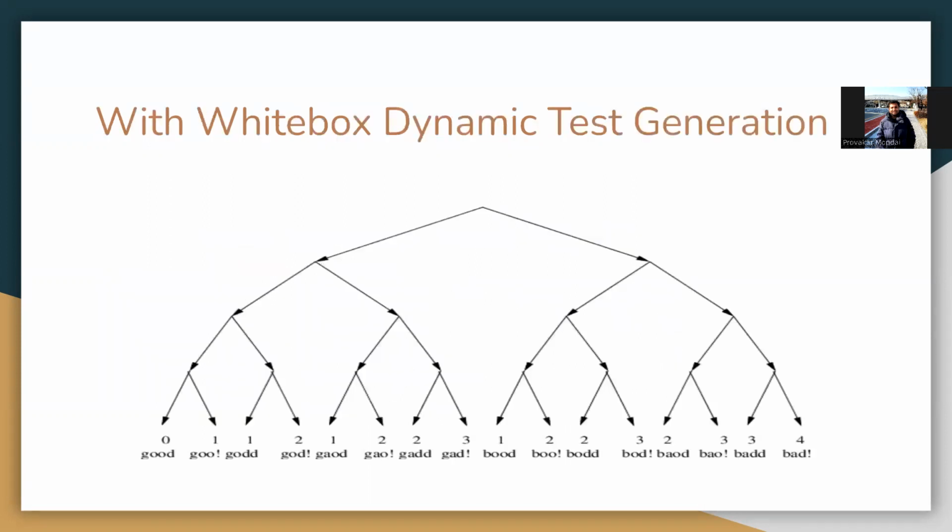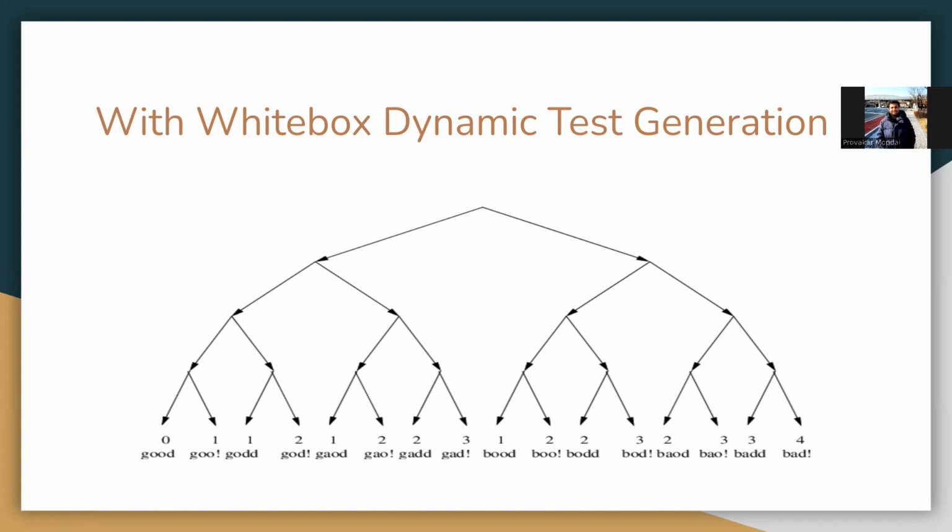Now let me explain the approach taken by whitebox dynamic test generation. Assume we start running the function top with the initial 4-letter string good. The leftmost path here represents the first run of the program on input good and corresponds to the program path including all 4 else branches of all conditional if statements in the program.